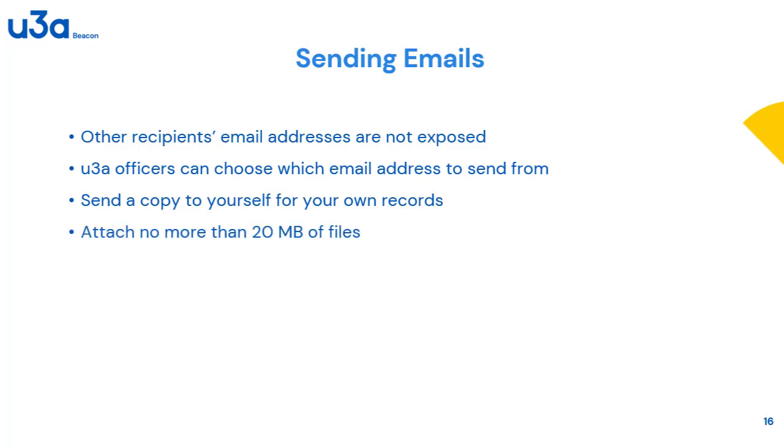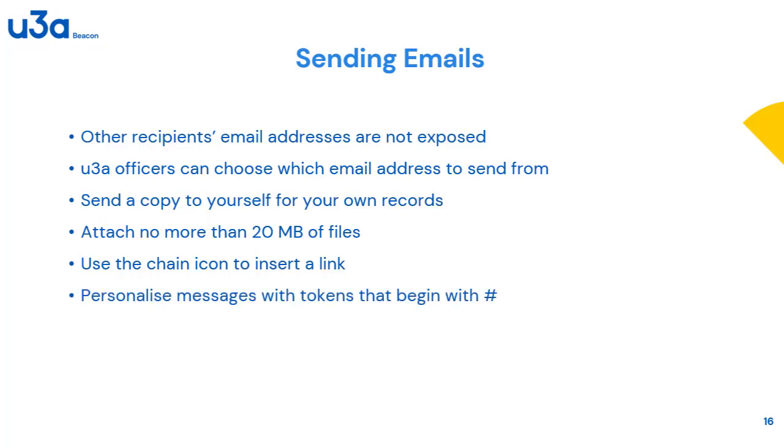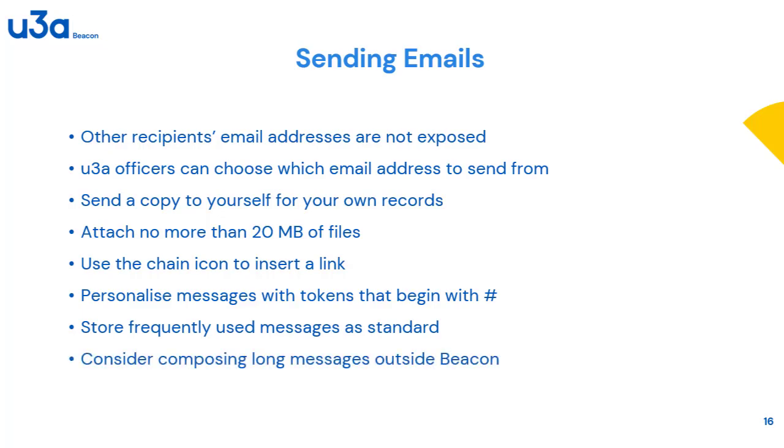When sending attachments, don't exceed 20 megabytes. Always use the chain icon to insert links in emails. You can personalize emails by using tokens that begin with a hash. If you have the necessary privileges, you can store frequently used messages as standard. And finally, consider composing long messages outside Beacon.